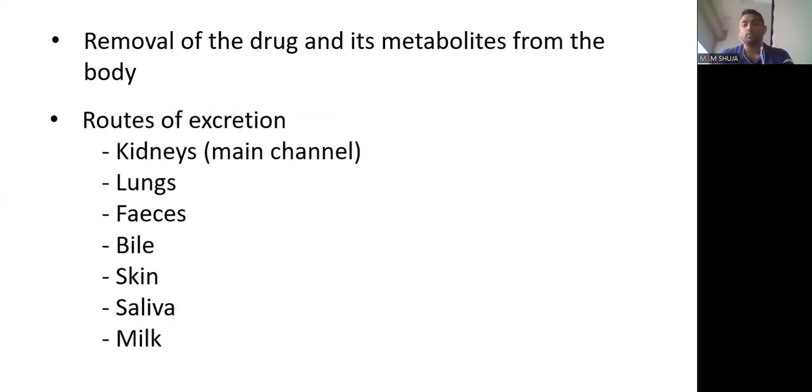There are routes of elimination, just like there are sites for metabolism. The main site for metabolism is the liver. The main route of excretion is the kidney. But excretion of the drug can also happen from the lungs, via feces, via bile, in the skin, and through saliva or milk.